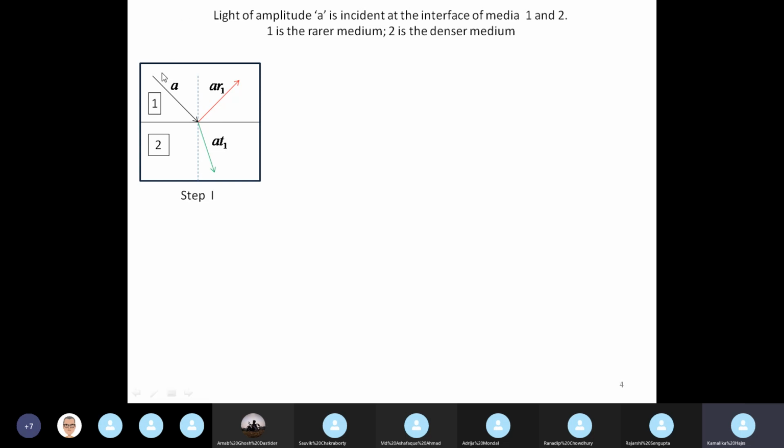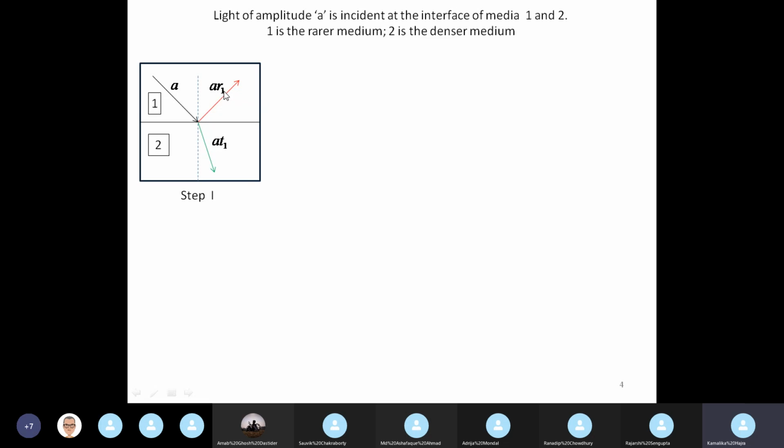Okay? And light of amplitude A is incident at the interface. This is the normal, of course. We already said that R1 is the reflection coefficient, so R1 will decide the fraction of the incident wave that is reflected. So the amplitude of the reflected ray will be AR1.